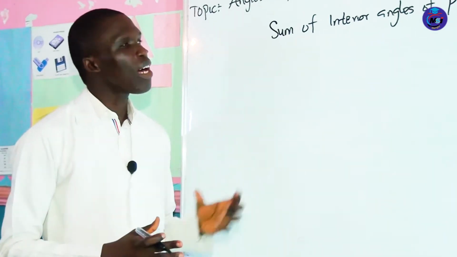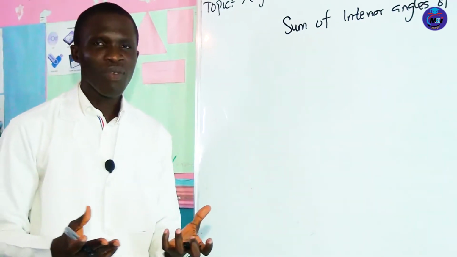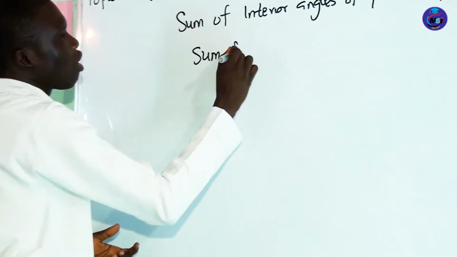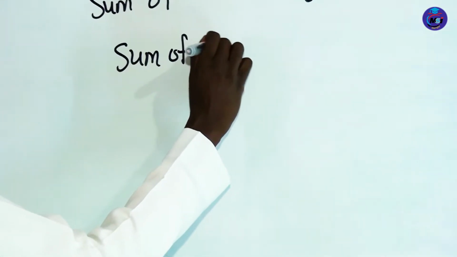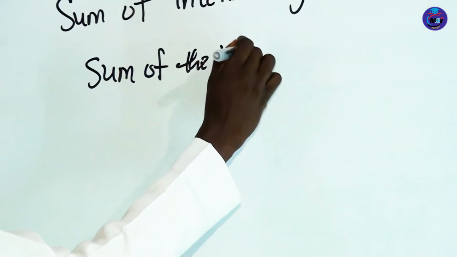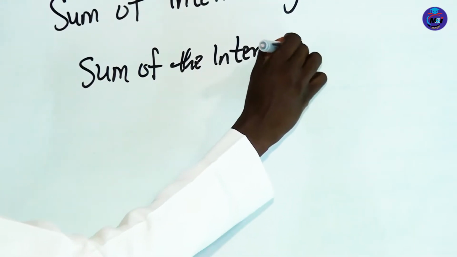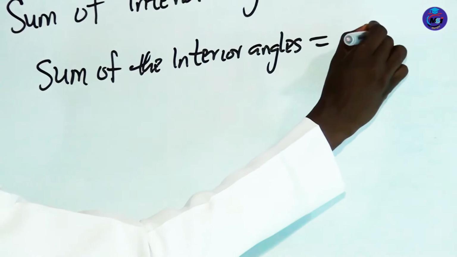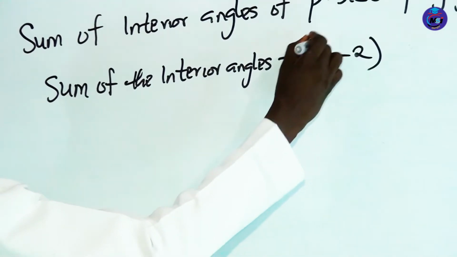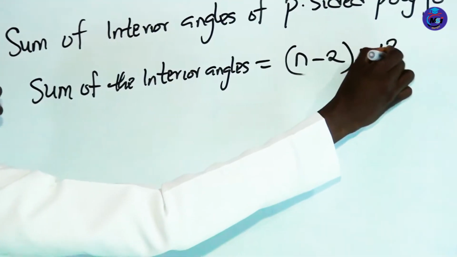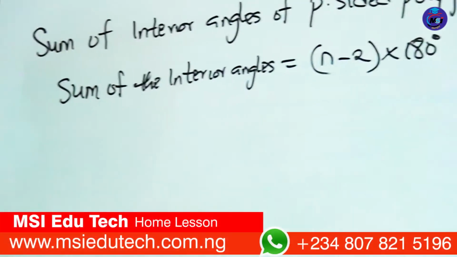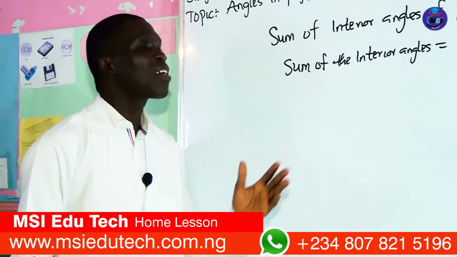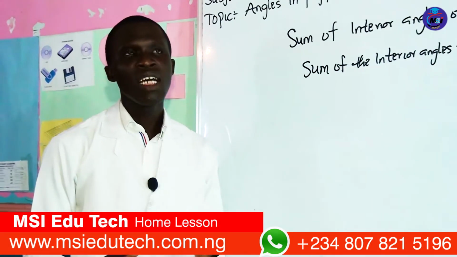We have a formula for this, and this is the formula. Sum of the interior angles equals (n minus 2) multiplied by 180 degrees. So this is the formula we use to find the sum of the interior angles of a p-sided polygon.